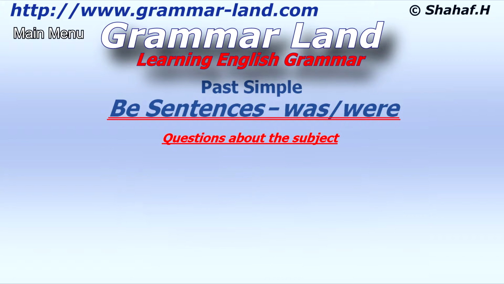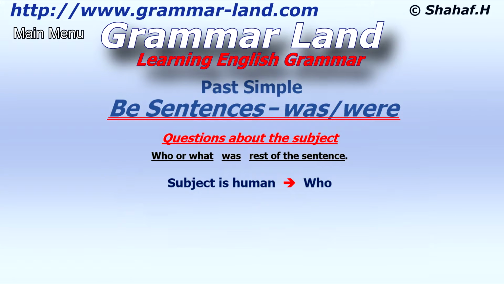Questions about the subject. A question about the subject will always start with who or what, depending on the subject. You should know by now that if the subject is human, the question will begin with who. If the subject is not human, the question will begin with what.